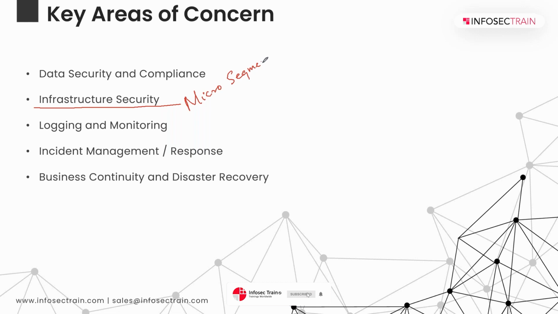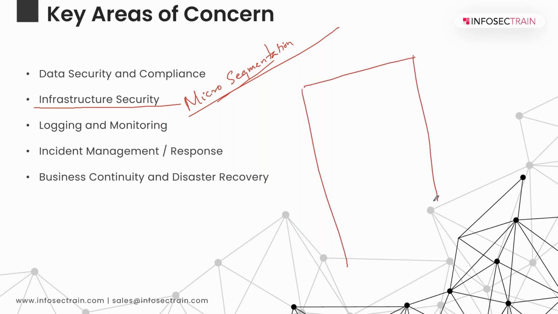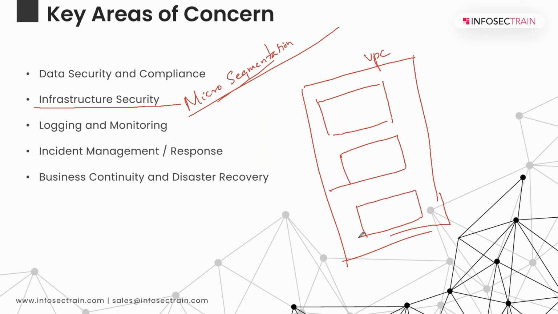Micro-segmentation. This is something which I like very much. When you say the word micro-segmentation, team, you are dividing the complete network into multiple sub-networks, or what we call zones. And you are placing various controls like firewalls, ACLs, WAF.